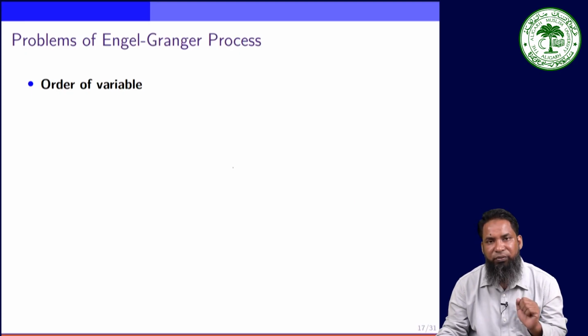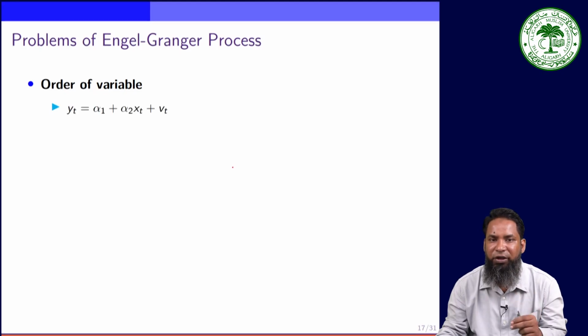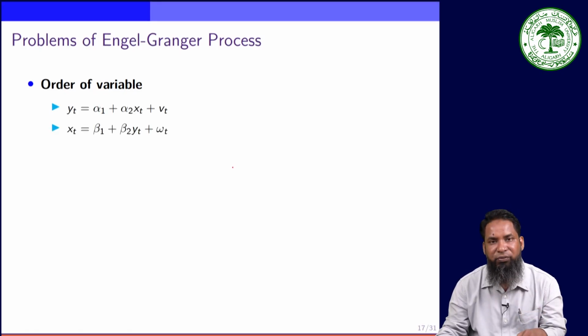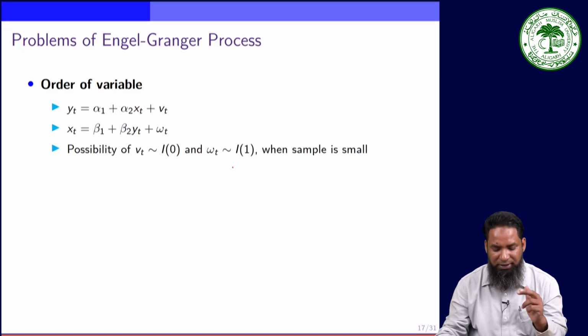However, in this structure we have certain problems in the Engle-Granger process. First, we have to ascertain the order of the variables, whether yt is working as the dependent or whether xt is working as the dependent. So there is the problem of ordering of the variables.